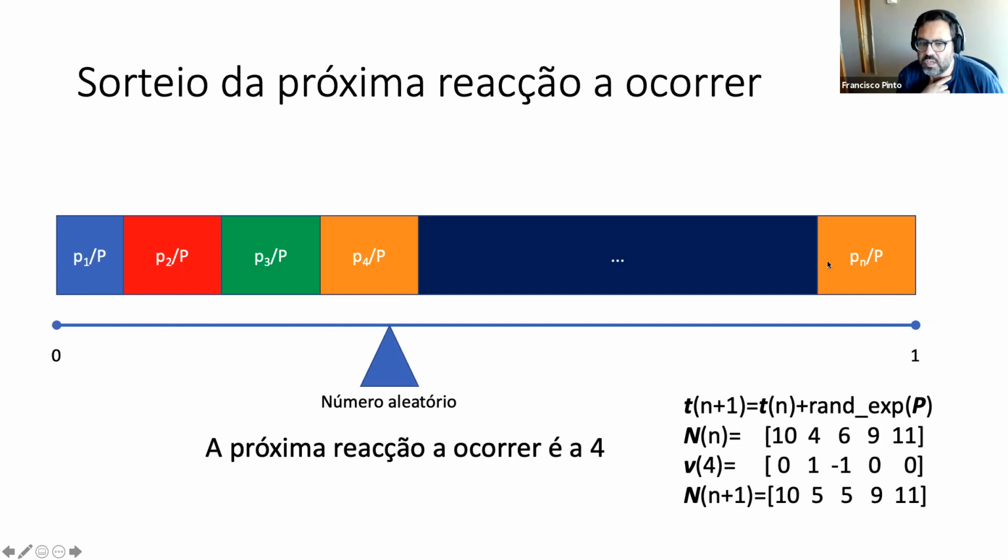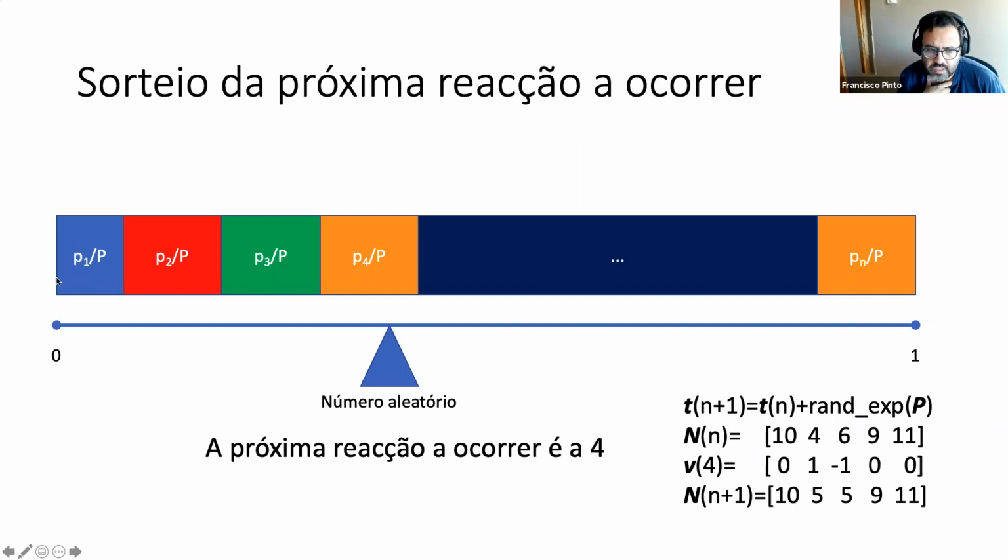And here is the vector of the propensities, arranged in a way that the size of each rectangle is proportional to the propensity. Okay, so the size of the rectangle is proportional to the propensity of, in this case, process 1 divided by the total propensity, the sum of all propensities. So this is the second process. Given this state of the system, this second process was more probable to occur than the first process, and so on.